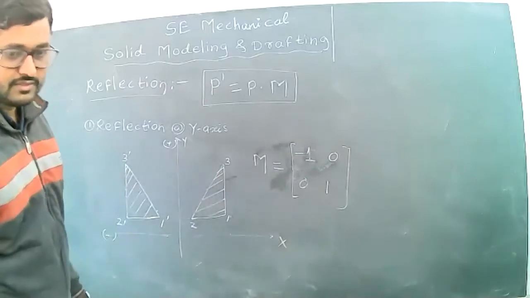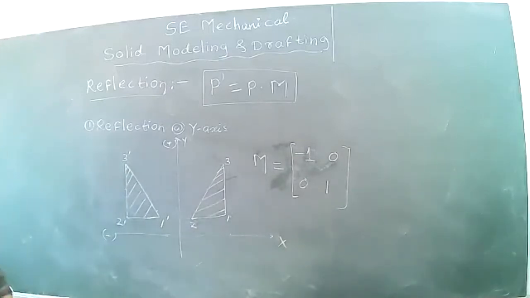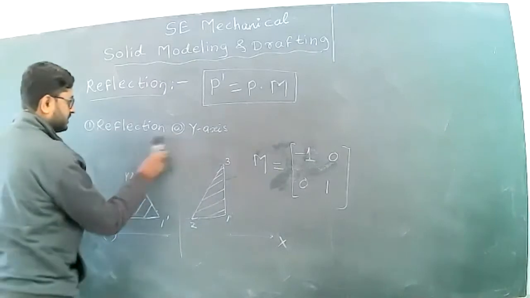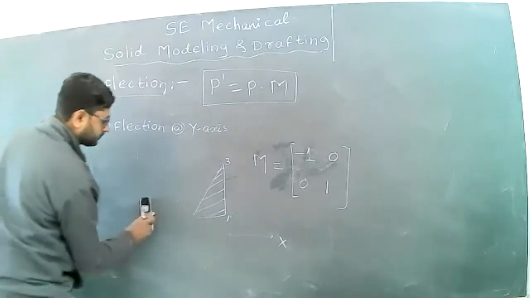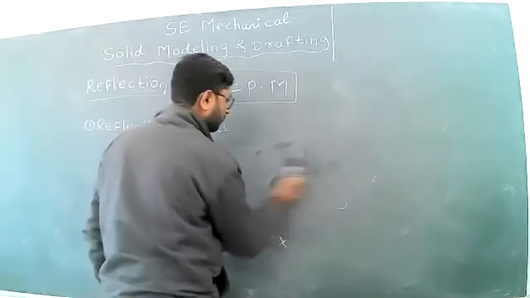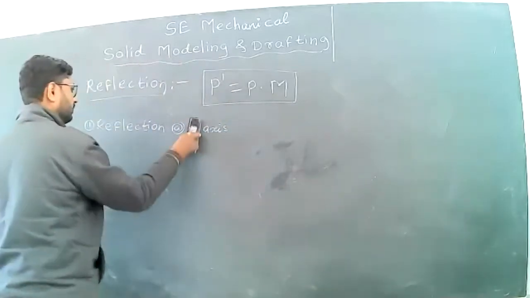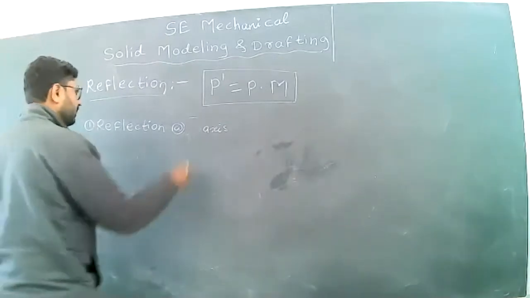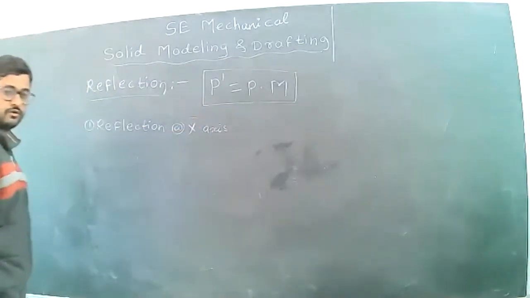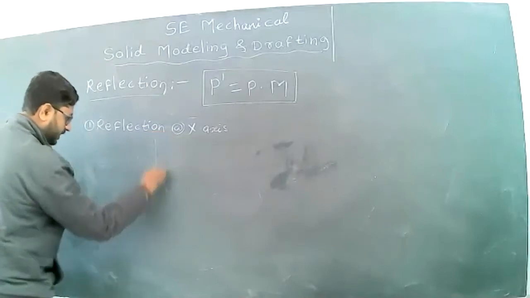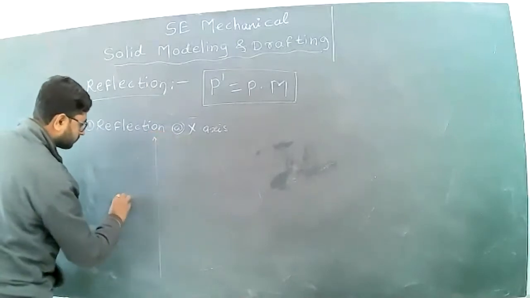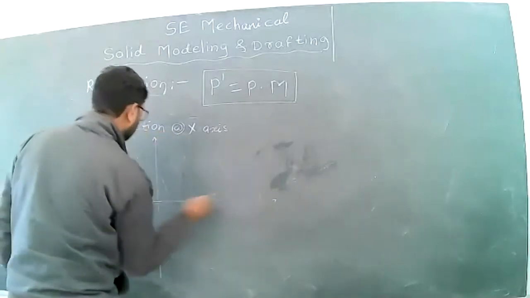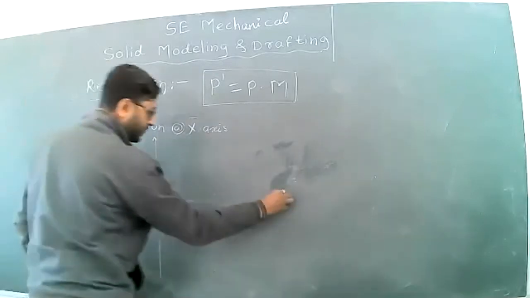Second condition is reflection about the x-axis. So I draw again the x and y coordinate system.